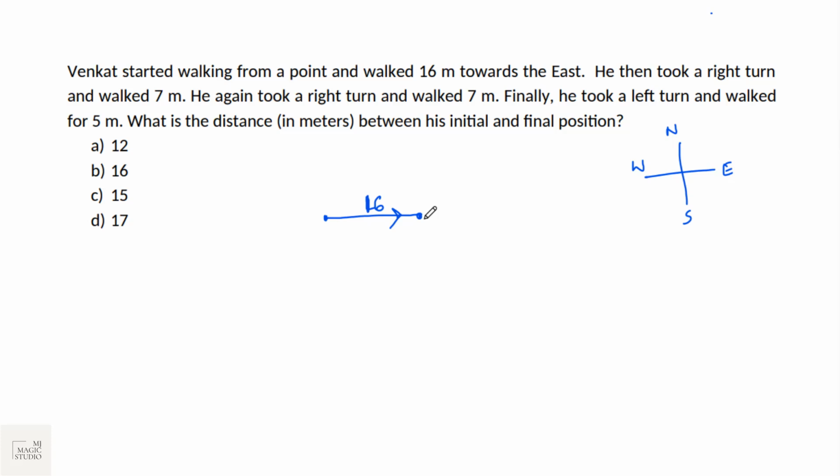He then took a right turn, that means now he is moving towards south, and walked 7. He again took a right turn. When he is walking towards south and he takes a right turn, that means to me it is a left turn, and walked 7. Finally he took a left turn, that means again to the south, and walked 5.